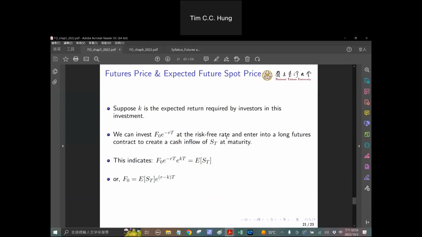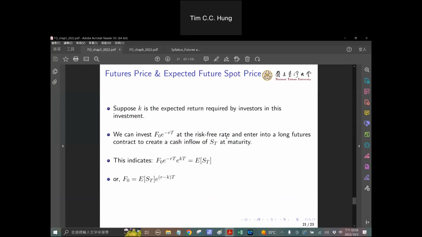To get ready, we need to prepare for this amount: the discounted value of F0 multiplied by exponential to the power of negative RT. We need this amount to buy such assets through the contract at time T. This is the present value of that futures price.